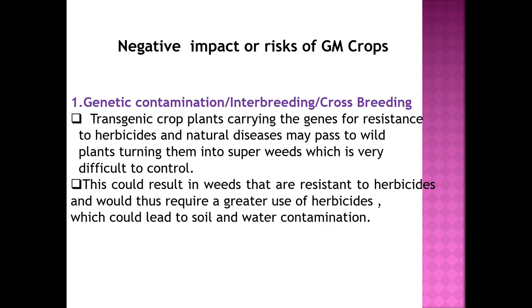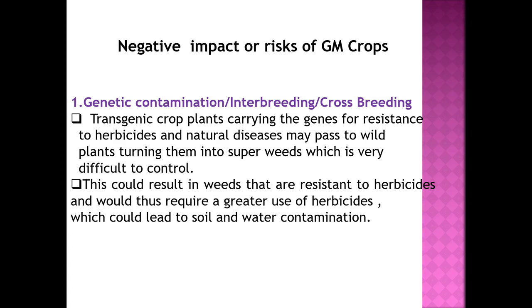In this aspect, for example, whenever we introduce a new variety into an ecosystem or into the field, that genetically modified organism may interbreed with the wild varieties or the endemic species.